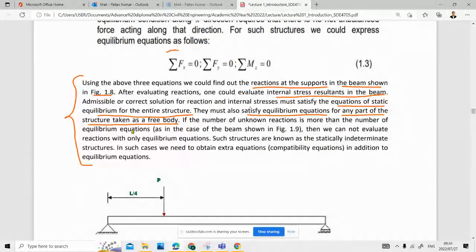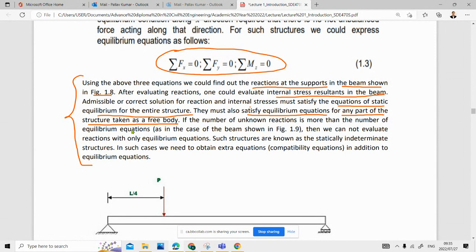So remember, if we say our structure is in equilibrium, then any part of the structure should be in equilibrium. If you remember how you calculated bending moment diagrams, you take any cross section and apply the equations of static equilibrium, you get the moment at that point, and that is how you draw a bending moment diagram.